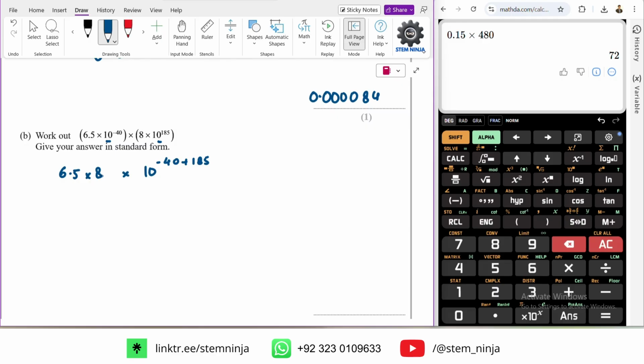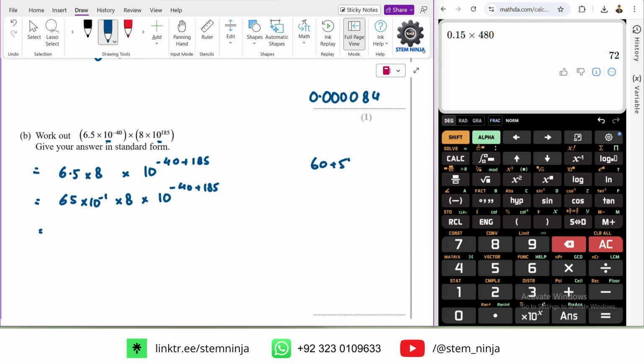Now, to do this one, you can also make it 65 times 10 raised to the power minus 1 times 8, which would basically bring minus 1 on the power of 10 also. So 8 times 65, right?